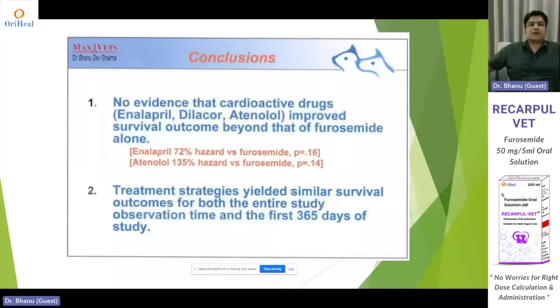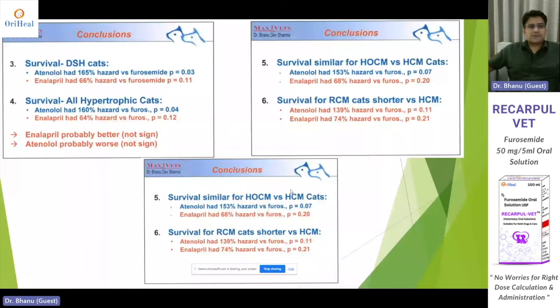The treatment strategies yielded similar survival outcomes for both the entire study observation time and the first 365 days of the study. These are some of the other conclusions from the study. To summarize, drugs like atenolol and enalapril, in combination with furosemide or furosemide alone, did not make much of a difference.